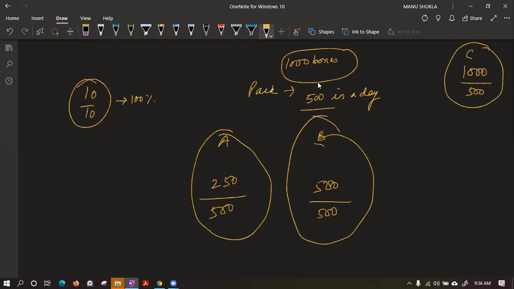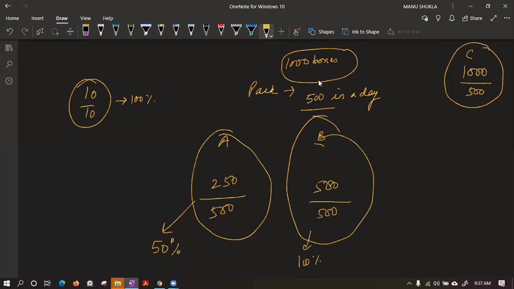Now we have to understand, class, what is the percentage of work. A has done how much work? If work assigned was 500 only, A has done 250 out of 500. So he has done half of the work, 50%. Person B has done 100% of work.